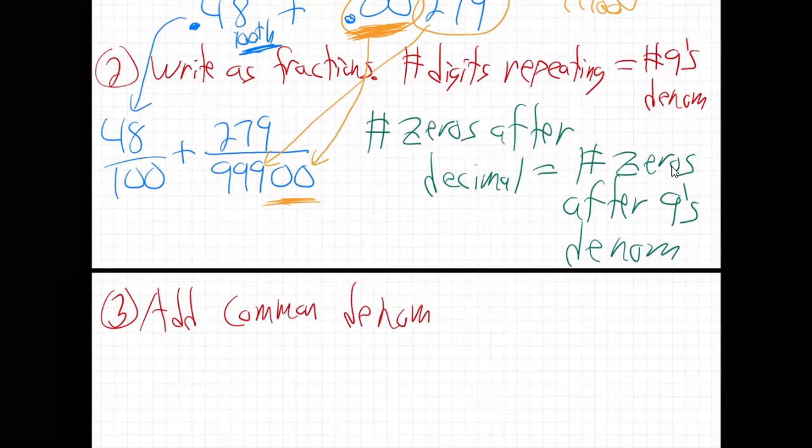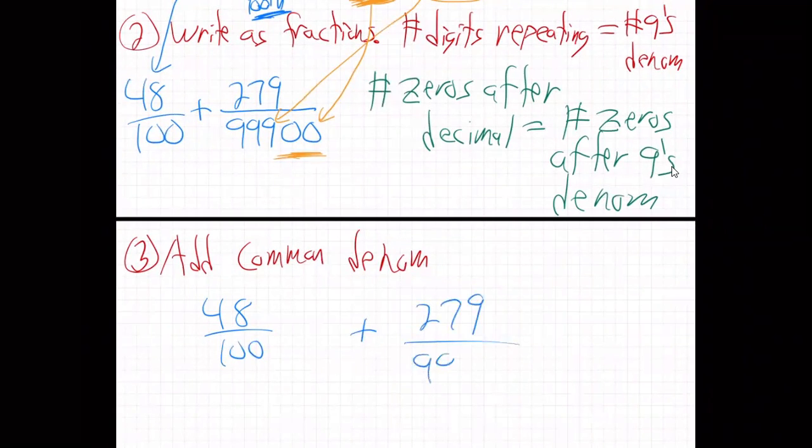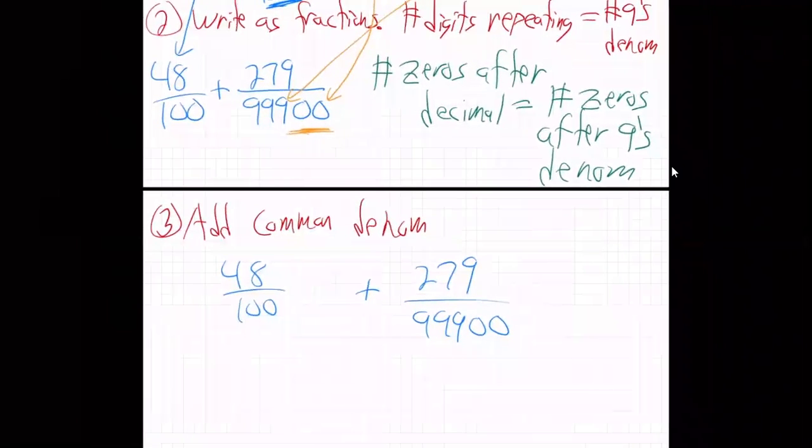All right, now we have to add with a common denominator. So we got to add these together. It's a little terrible with a common denominator. 48 over 100, add 279 over 99900. So how are we going to add those with a common denominator? You see what I need to multiply this guy by, top and bottom, to make him the same as the other denominator?